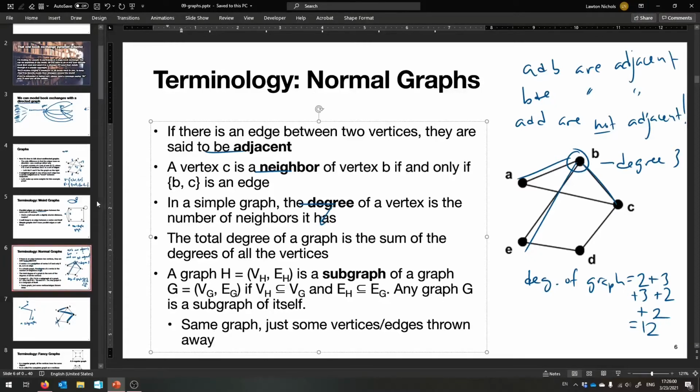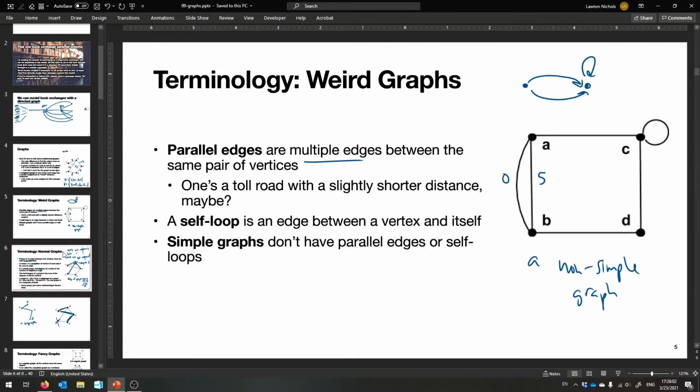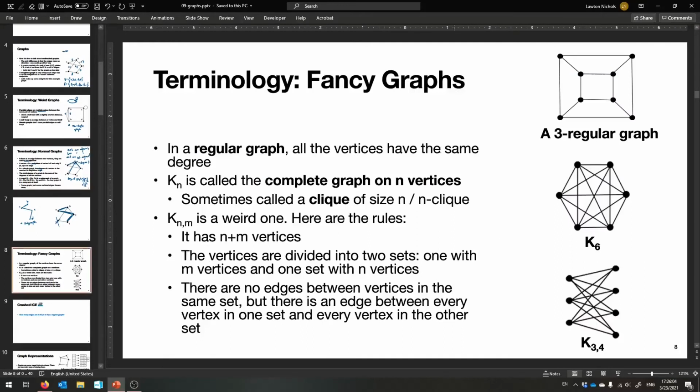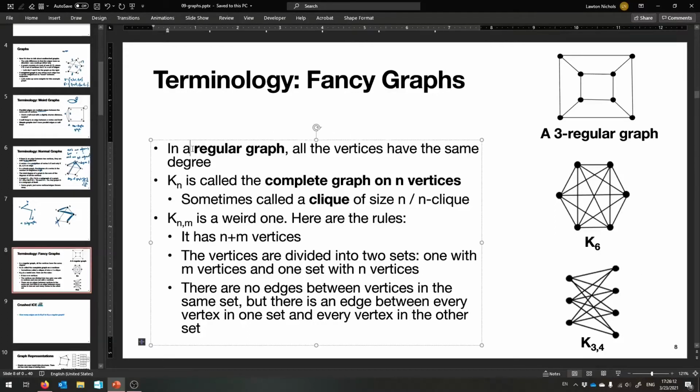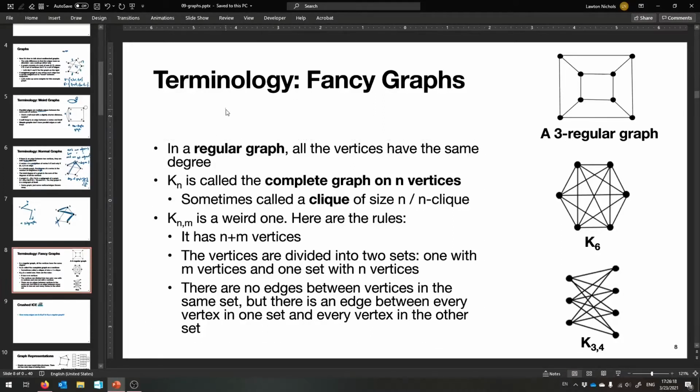Okay, so we've got your weird graphs, we've got your normal graphs. How about fancy graphs? Things that people like to give names to for one reason or another. So let's talk about it. A regular graph is nice because all the degrees are the same. So it's regular in that sense.